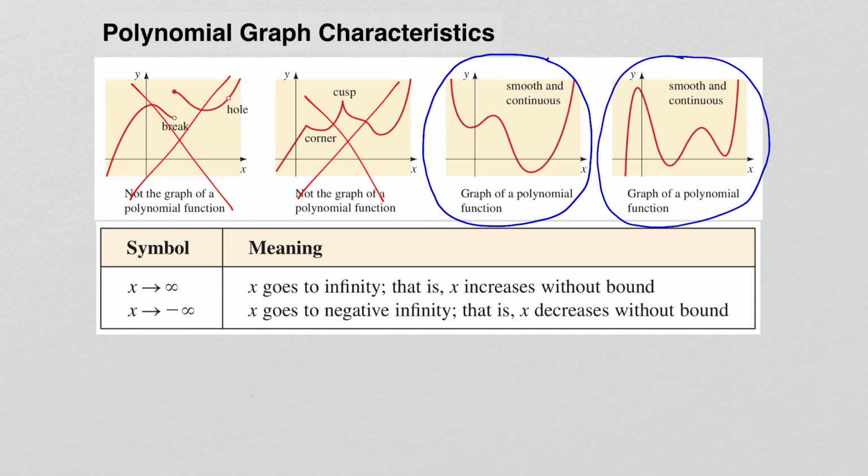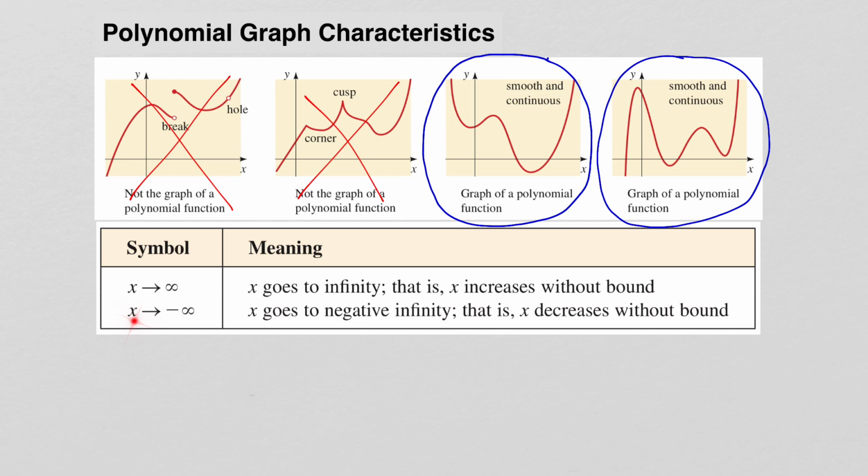Before we discuss that, let's talk about some symbolism. When we use the symbol x, then an arrow, and then infinity, what we're saying is that x goes to infinity. That means that x is increasing without bound. So x is getting larger and larger and larger.